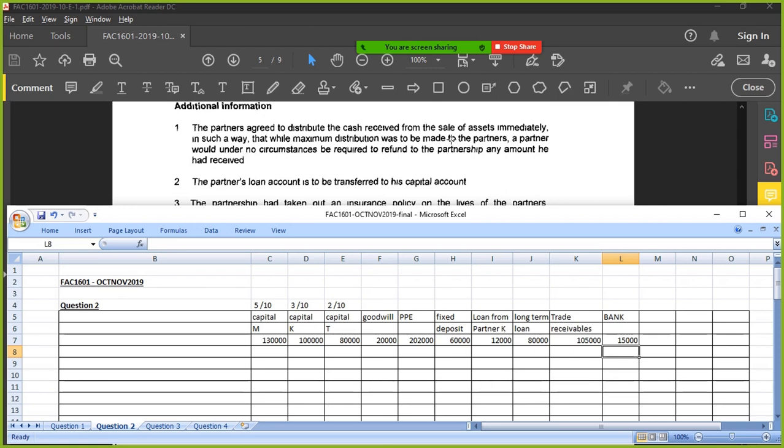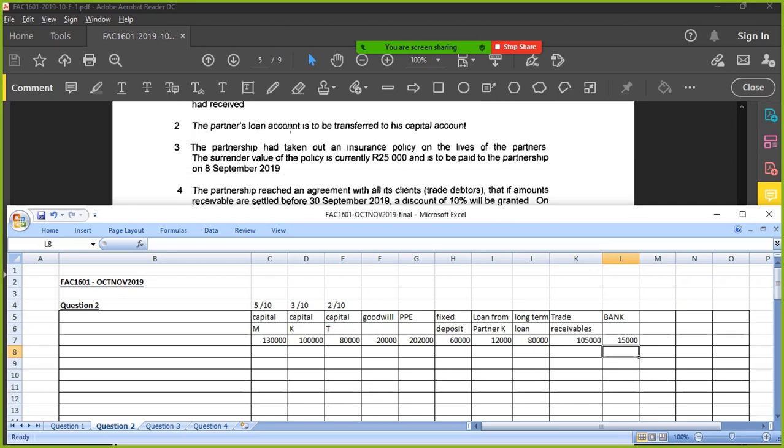Next. The parties agree to distribute the cash. They're just telling you about the piecemeal. Partner K's loan account is to be transferred to his capital. So step 1, obviously, close off accounts to capital. There weren't any current accounts here, so nothing to close off. The loan from partner K means it's a liability.